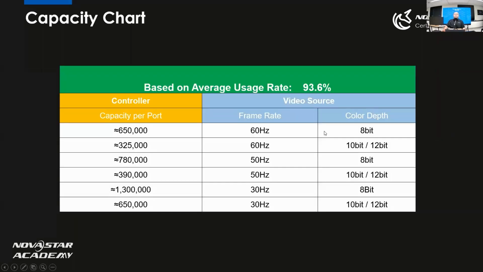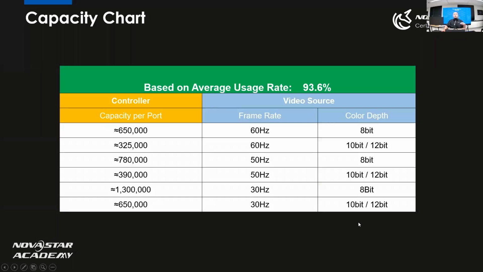So here we share the first form with you, based on the average usage rate of 93.6%. The loading capacity for each output of the controller will be influenced by the frame rate and color depth of the input.